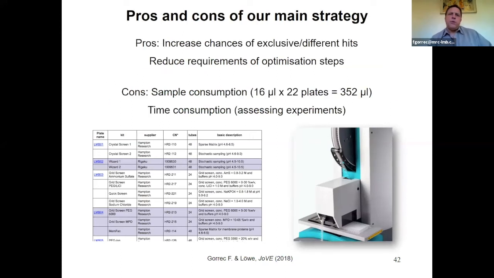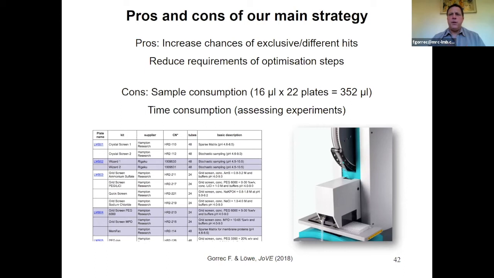So what are the pros and cons of our main strategy? Well, the advantage is that, as you saw in the slide with the poor yield of usual crystals, you may need that many conditions to find an exclusive hit, because of this very low yield. If you have more hits, then great, because you can investigate crystals that grow in different types of conditions.